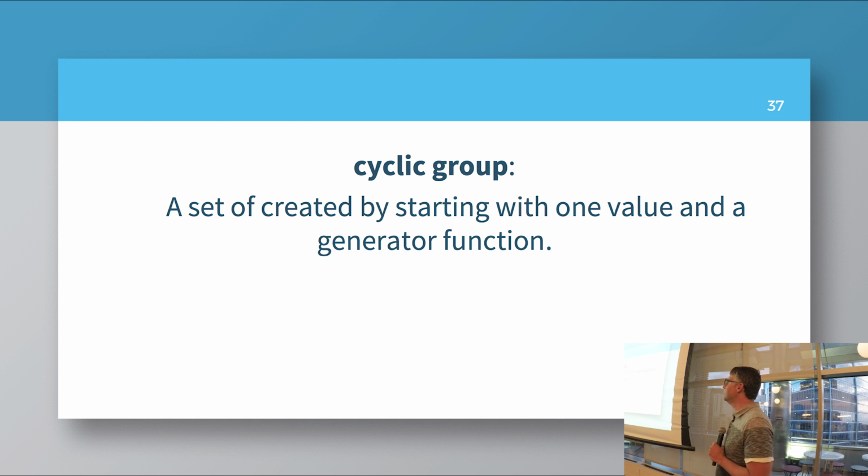All it means is we have a set, a group, and we start off with one value in that set, and then we have some kind of generator function that we can run over and over again against the number in the group to create more numbers. That's all a cyclic group is. And some types of cyclic groups turn out to be really useful for creating one-way functions.